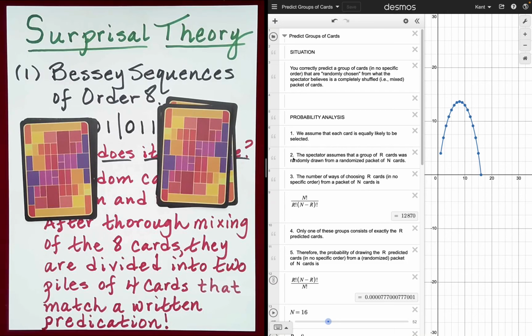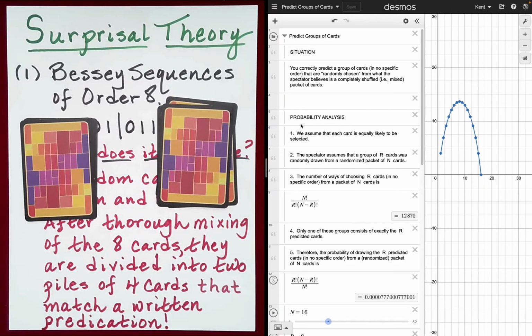The spectator assumes that a group of R cards, so in our particular case, 4 cards, are randomly chosen from a randomized packet of 8 cards. So N for us right now is 8. The number of ways of choosing R cards, that is 4 cards, from a packet of N cards, that is 8 cards, is found by performing the following calculation.